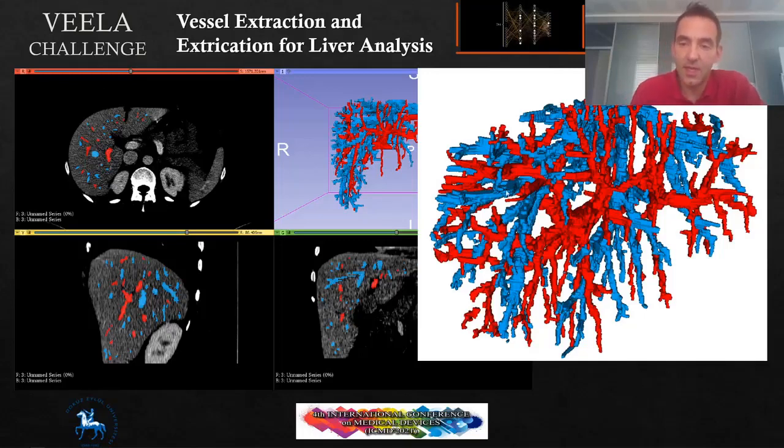But as you can see here, there are still some disconnected labels in the reference data set, but this is in the nature of the process, and also in other applications. For example, in lung vessel analysis, you have these problems. So this is unavoidable because of the limitation of the image acquisition process.